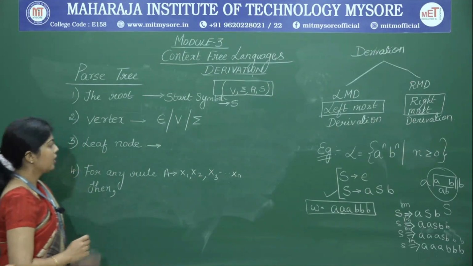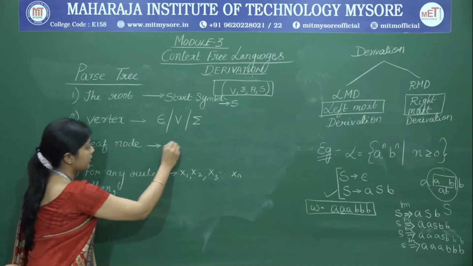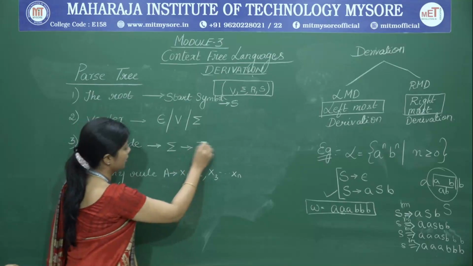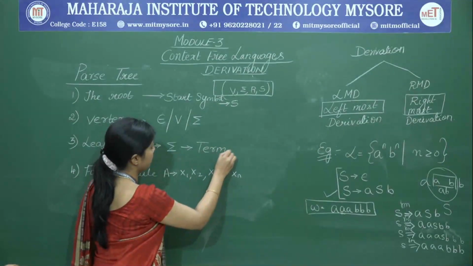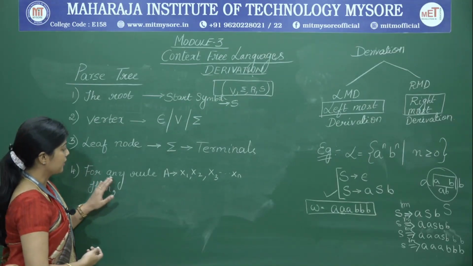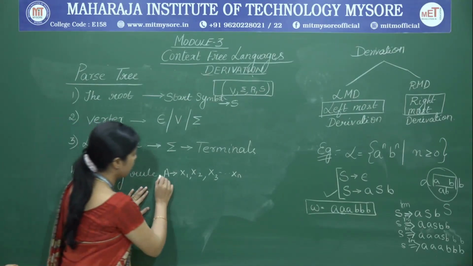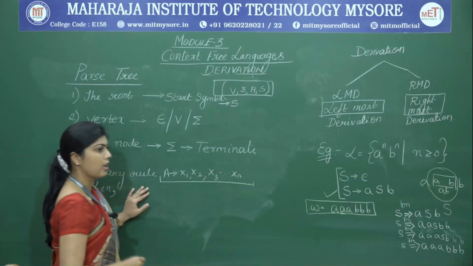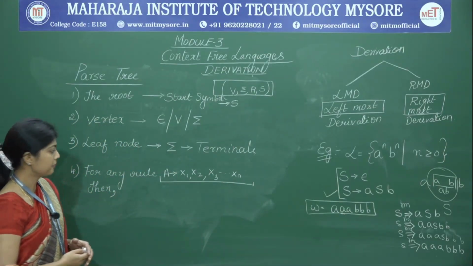Leaf nodes. The leaf nodes are usually the symbols from sigma, and these are nothing but the terminals, as we call them. And what happens if you have any rule of the form where A goes to x1, x2, x3 up to xn, how do we represent this as a tree?